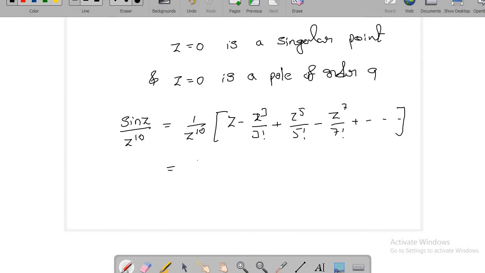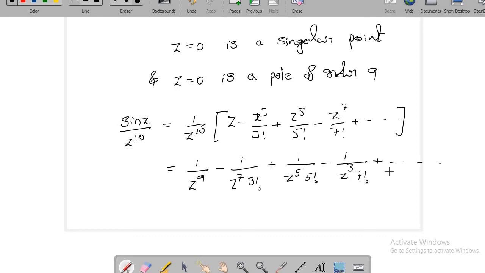You could observe that it has terms like 1 by z power 9, minus 1 by z power 7 into 3 factorial, plus 1 by z power 5 into 5 factorial, minus 1 by z power 3 into 7 factorial, plus and so on.